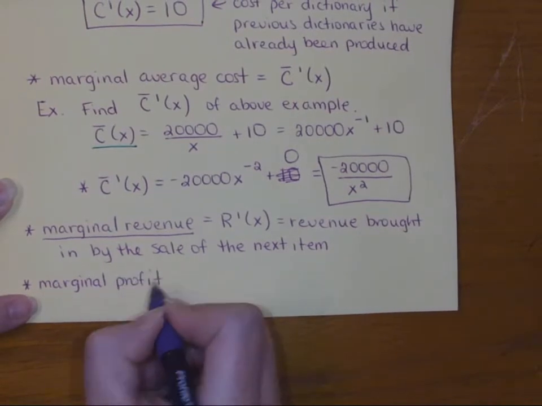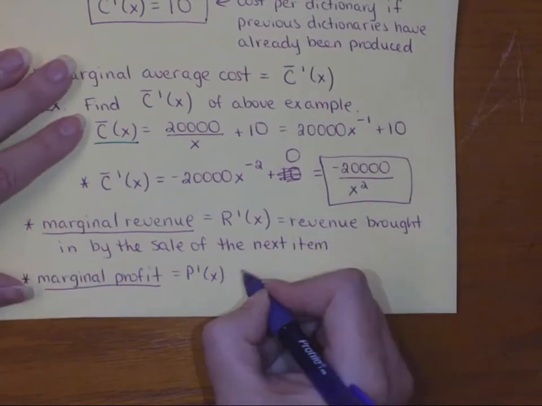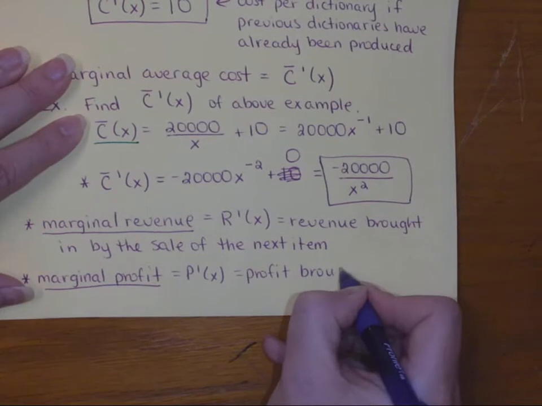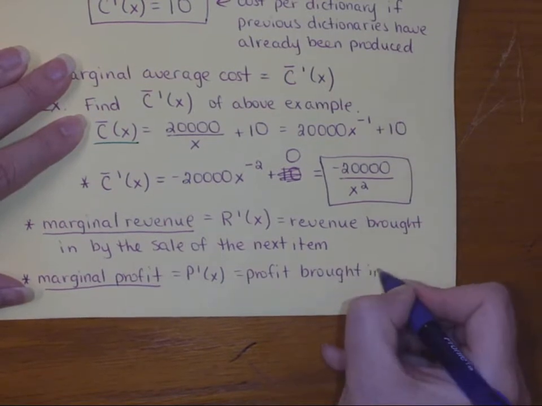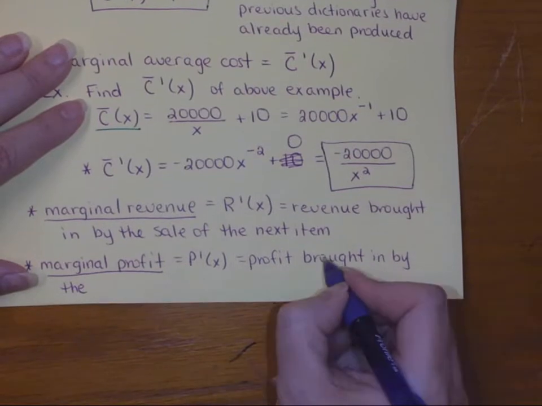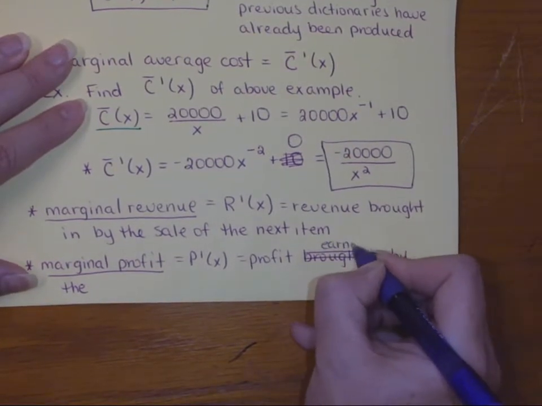Marginal profit, we will denote that as p prime of x, will be the profit brought in by the sale of the next item. Let's say the profit earned rather than brought in.